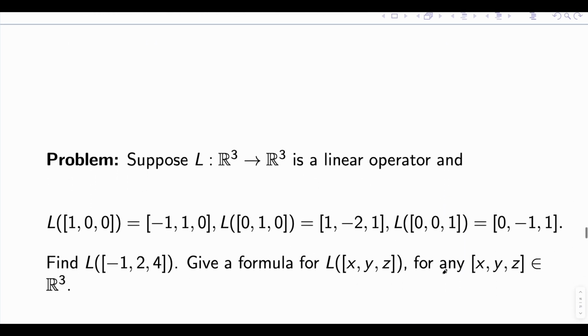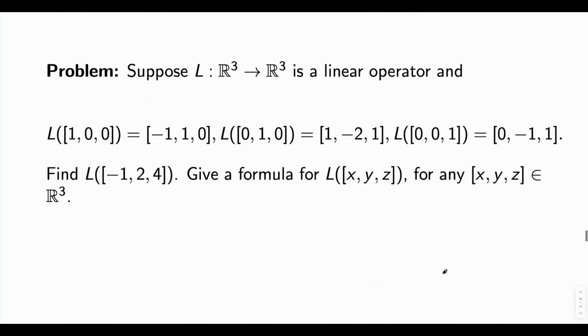Okay, let us do one more problem. L is a linear transformation from R3 to R3, and it is a linear operator. It means that codomain and domain are the same. So L of 1 0 0 is given by this, L of 0 1 0 is given by this, and L of 0 0 1 is given by this.